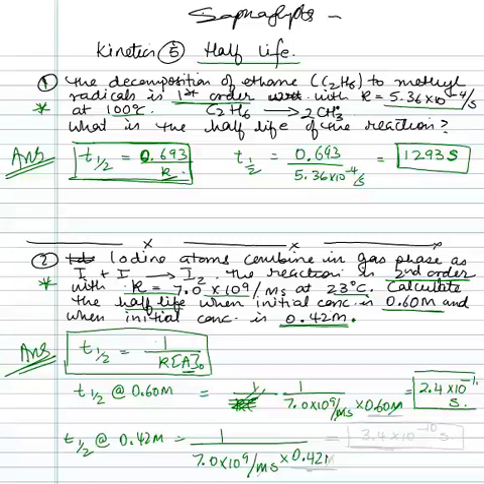Now without doing detailed calculation, you can figure out whether the answer is going to be less or more. Okay, so initial concentration here was more. Initial concentration here is less. And so if the initial concentration is less, then the rate should be a little less also.